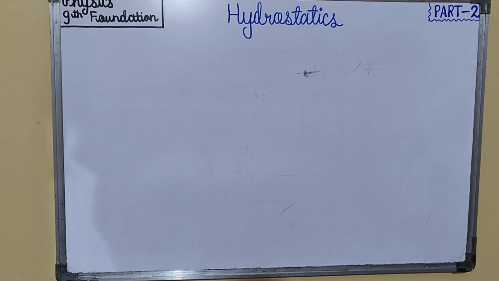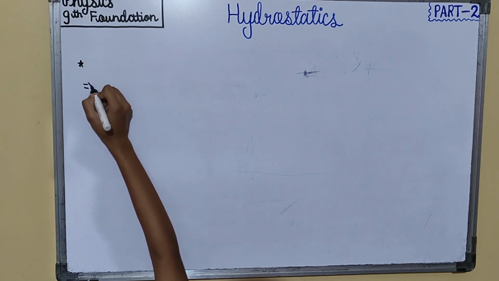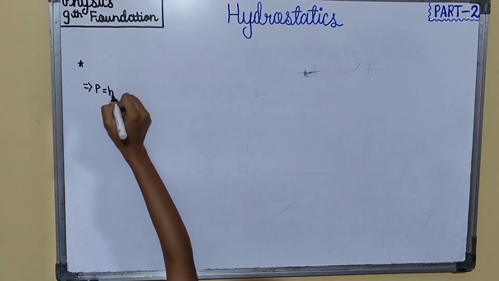Factors affecting the pressure at a point in a liquid. We know that P is equal to HdG.